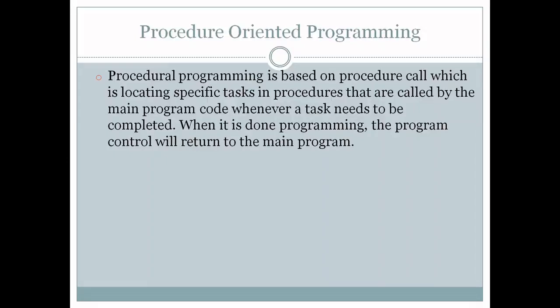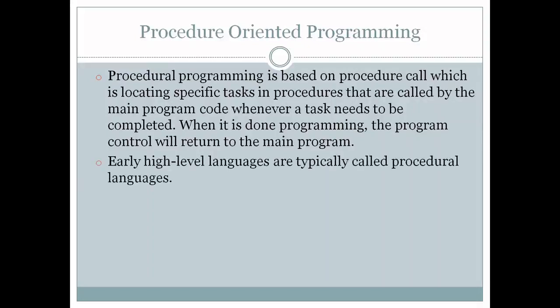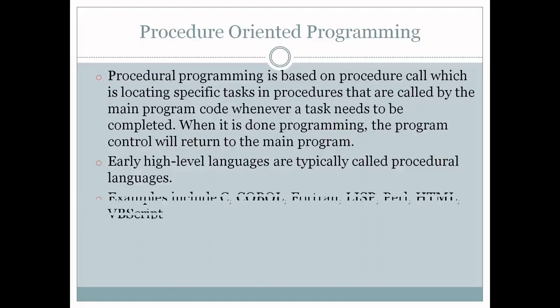So in procedural level language, the program is divided into procedures or functions. All early high level languages are procedural languages. Some of the examples are C, COBOL, Fortran, Lisp, Perl, HTML, VBScript. These are some examples of procedural oriented programming language, and one of these you have already studied, that is C programming.